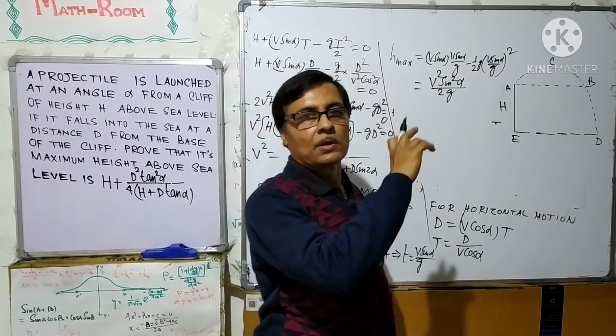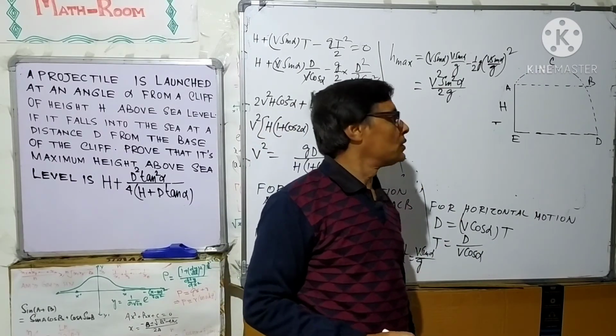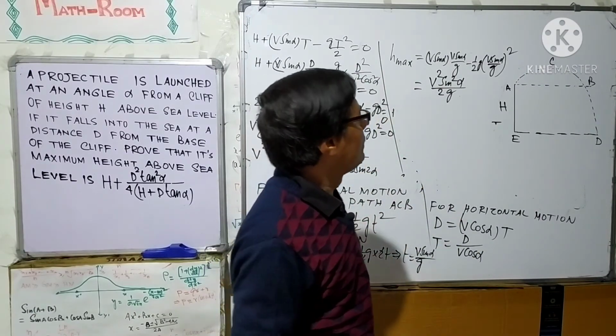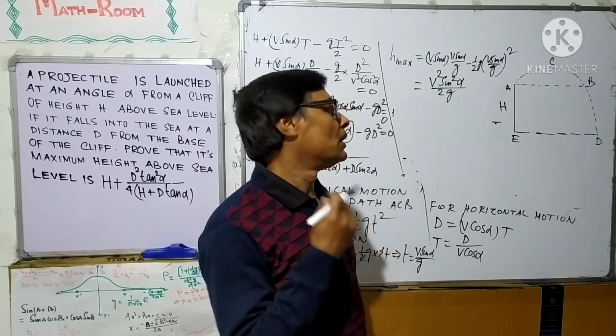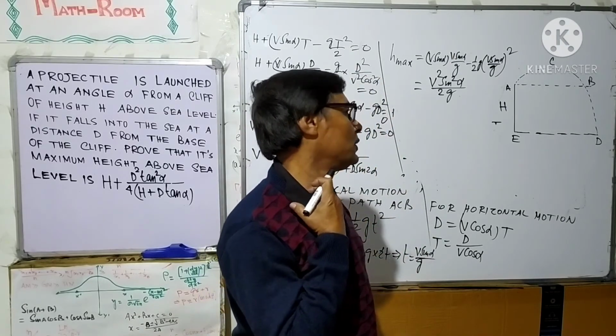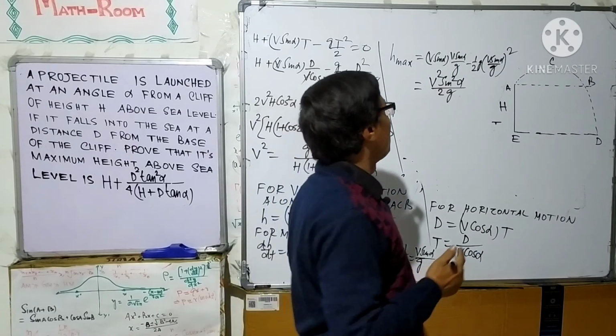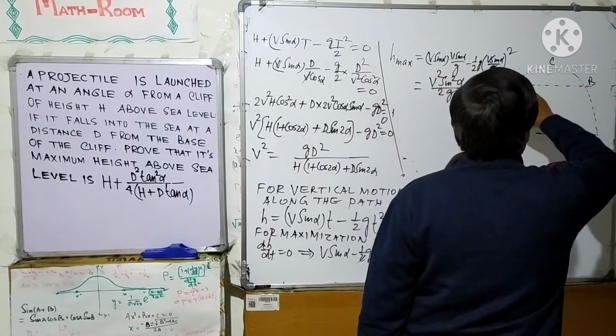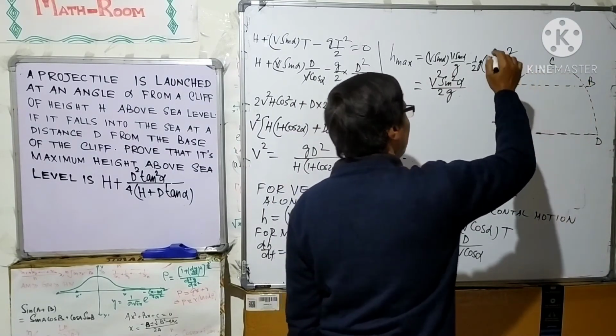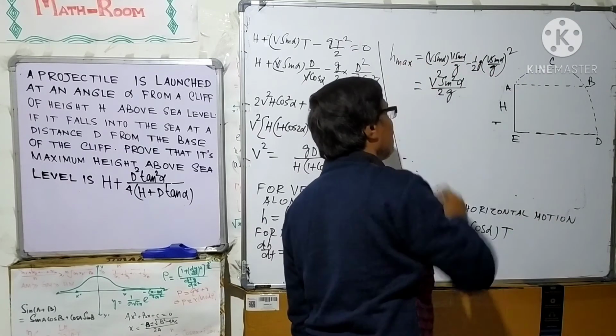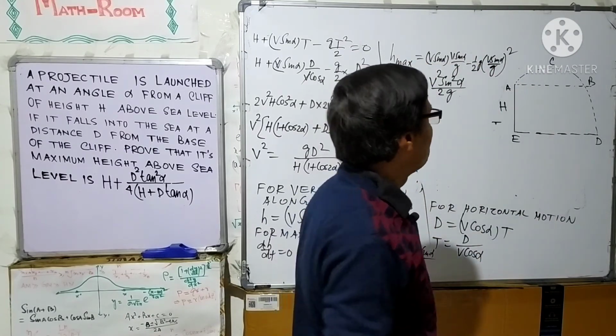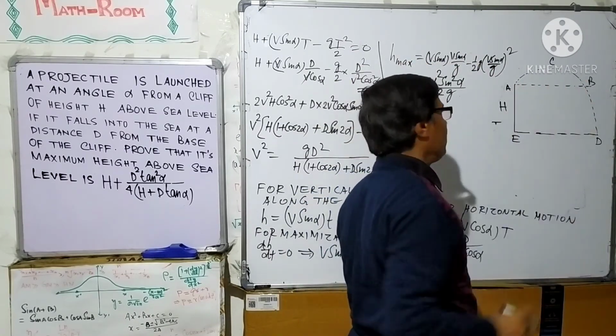That is the upper portion of the path of the projectile motion, that is ACB. Along ACB this is the maximum height of the projectile above the line AB.